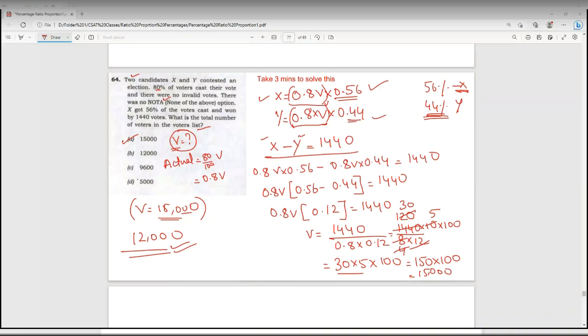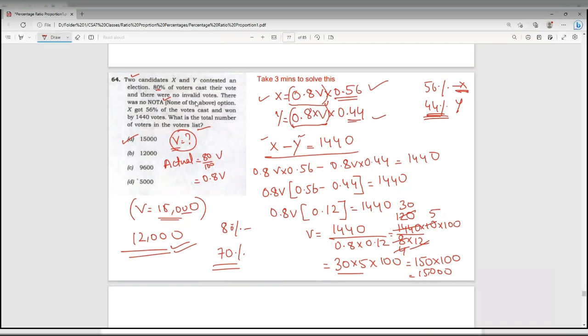Okay, so the question she's asking is, what if they had given that there were NOTA and there were invalid votes? In that case, you have to subtract it here. For example, if out of the 80% votes, 10% votes are invalid, that means only 70% votes were valid.